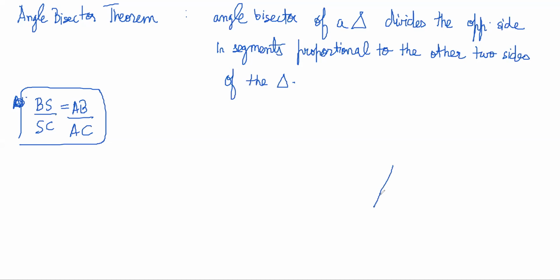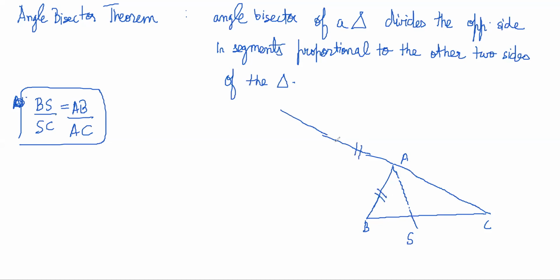So A, B, C, angle bisector. This is S. You can extend this side to make this equal to this somewhere.